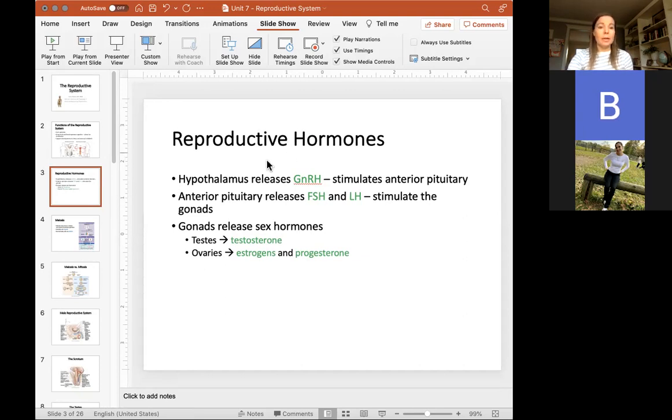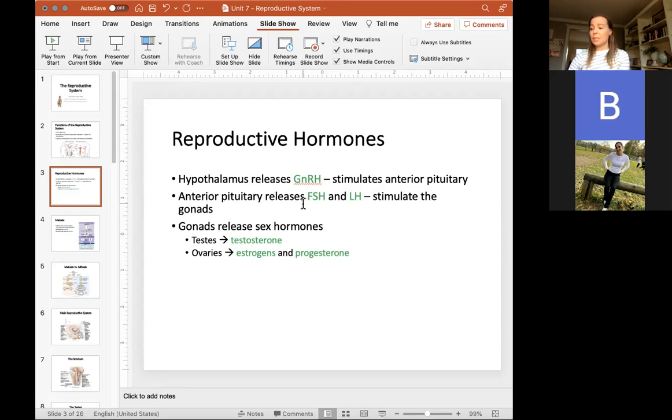You can see here, the first thing that happens is the hypothalamus. Remember, that is in the middle part of your brain. It releases GnRH, that stands for gonadotropin releasing hormone, and it travels to the anterior pituitary gland and stimulates it to release two other hormones. So those are the two that are listed next.